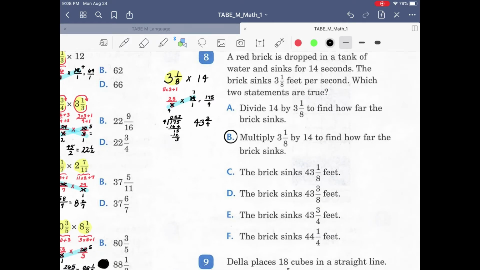That is not true. The brick sinks 43 3/8. That is not true. The brick sinks 43 3/4. That is true. So there is the other option that I need. So the answers to number 8 are B and E. You have to pick two statements that are true.